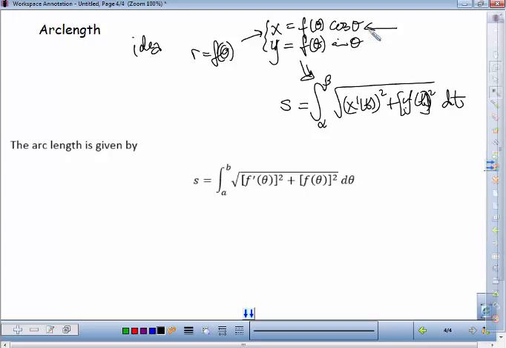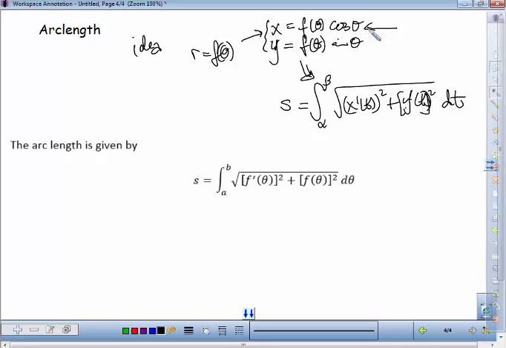No, you don't need 1 to 1 for this. Do you? No. What do you need 1 to 1 for? When did we have that? Was it arc length or was it something else? No, I don't think you need it for arc length. You need it for something else. Area under the curve, area under the curve. So for arc length, you don't need it.